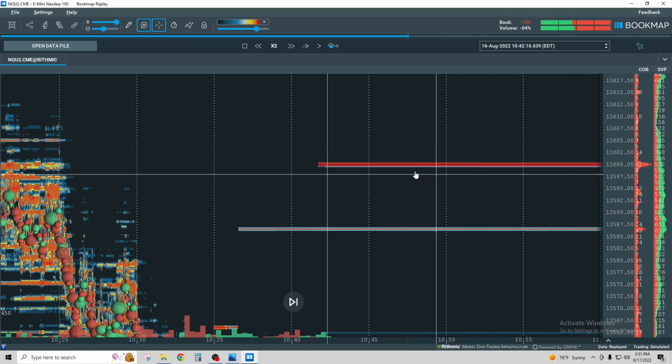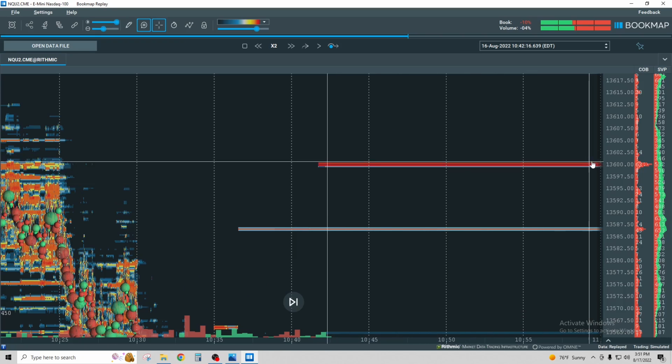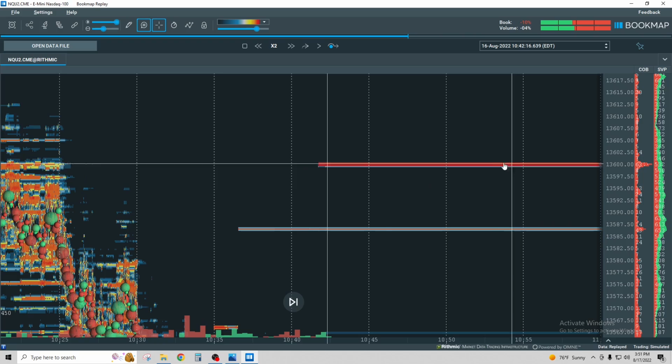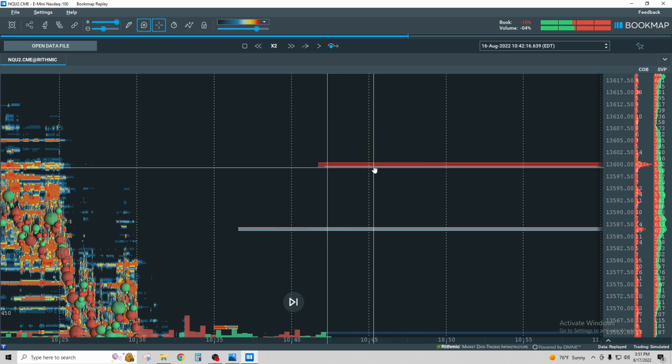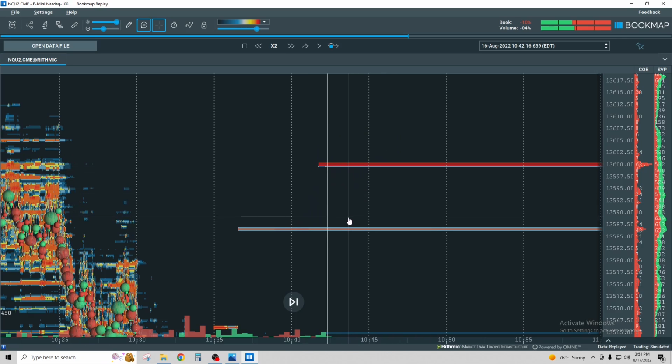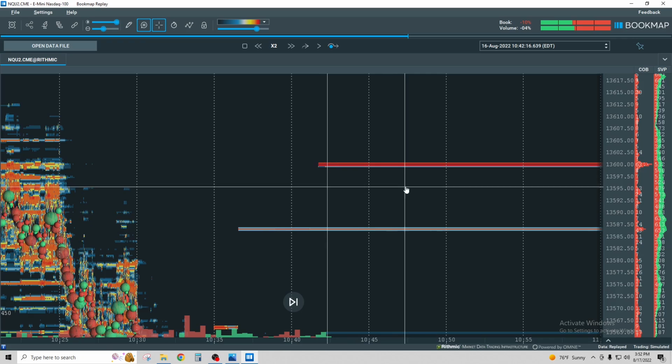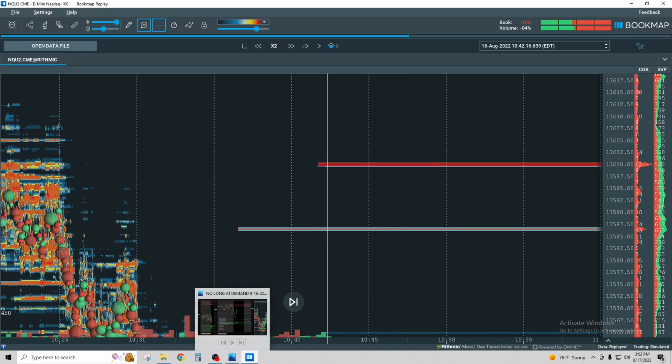So someone is looking to either sell to open or sell to close 63 contracts or lots of Nasdaq, and liquidity orders, especially big ones like this, will tend to act as a magnet on price if buyers or sellers want to get to it. So that was the first target right there.